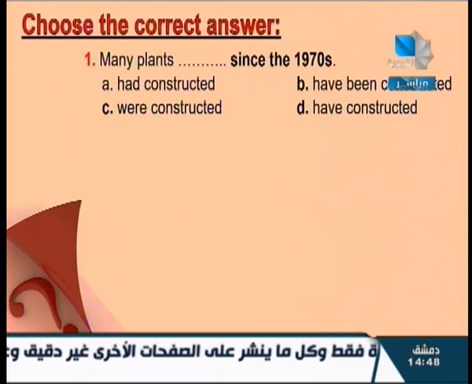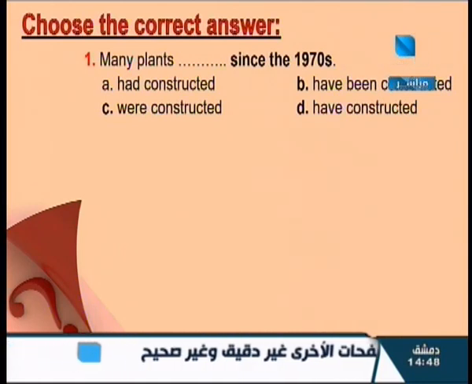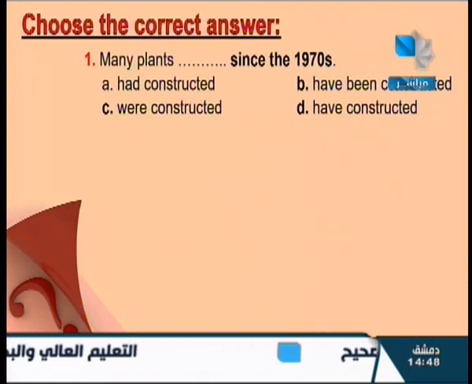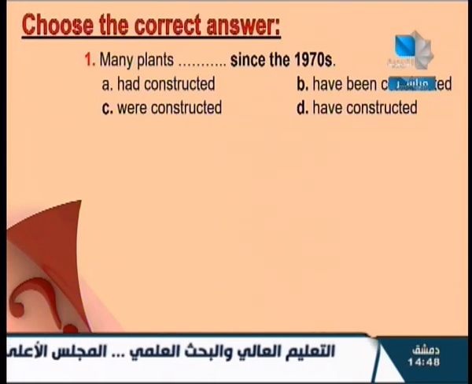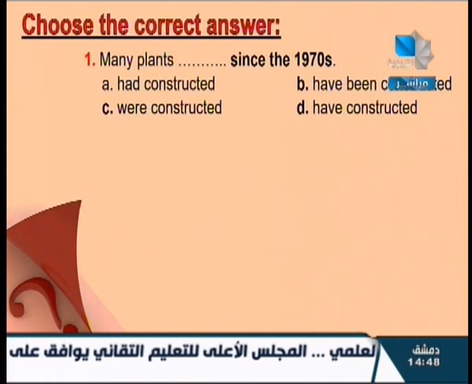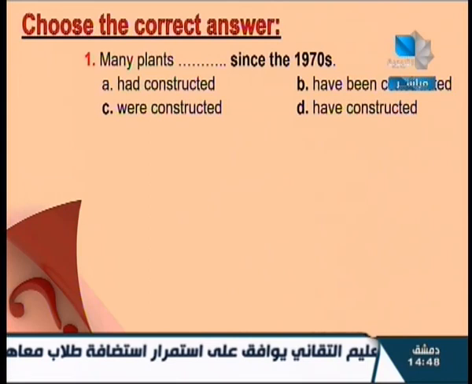So you have to look for the verb be, not for the main verb, because the sentence is written in the passive, so you have to look for the verb be in the present perfect. So be here in the present perfect must be have been or has been. The subject here in the sentence is plural, so you have to choose have been.